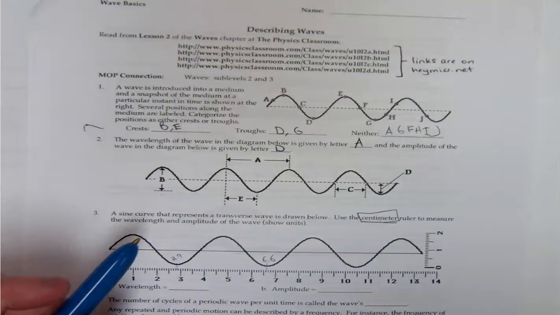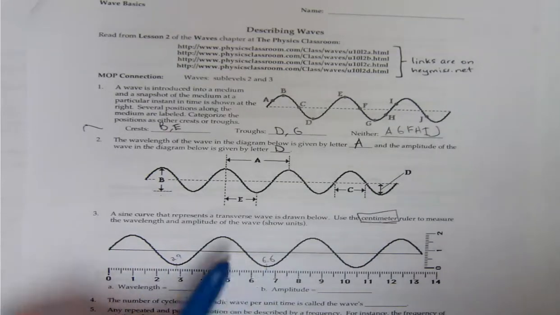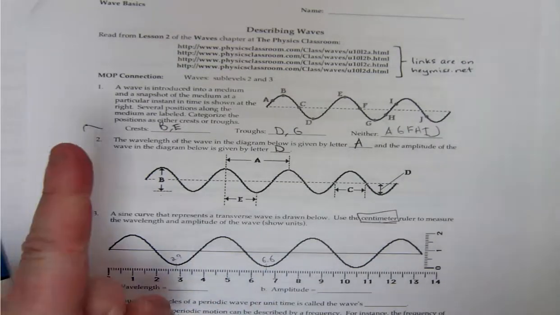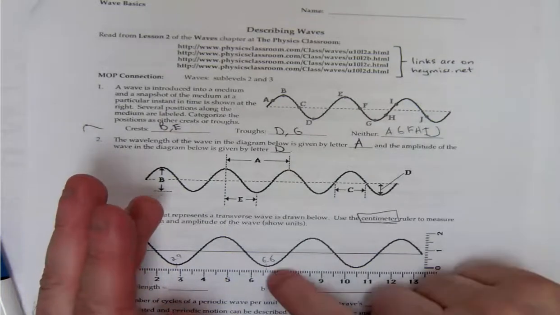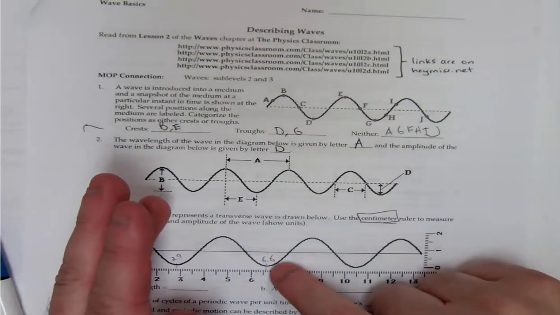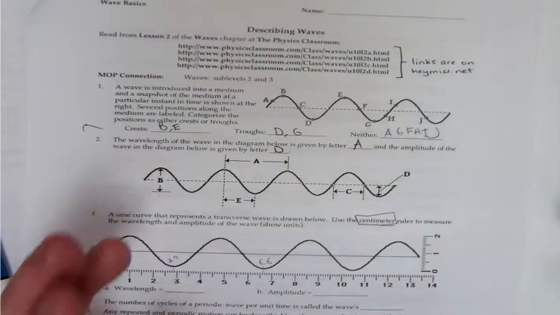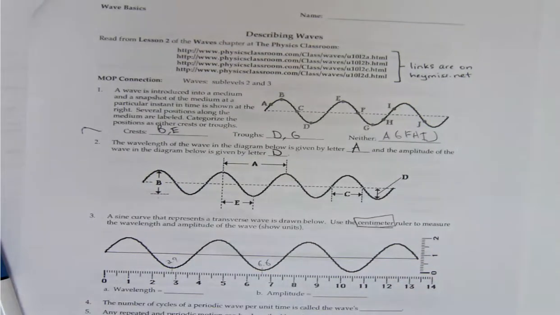So remember, it's the difference between these two. 6.6 minus 2.9 is 3.7.